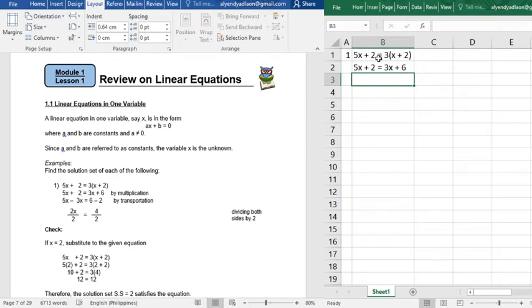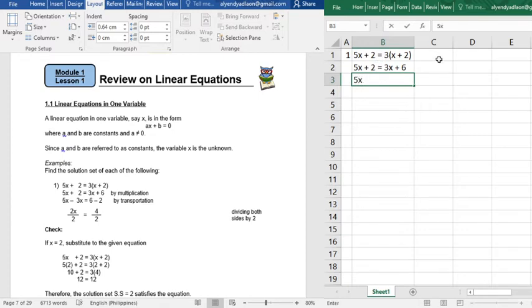Now next, we are going to put on the same side of the equation all those that have the same variables and all those that don't have variables. So just like this, the 5x and 3x should be on the same side of the equation. So I will transfer the 3x to the left side of the equation.